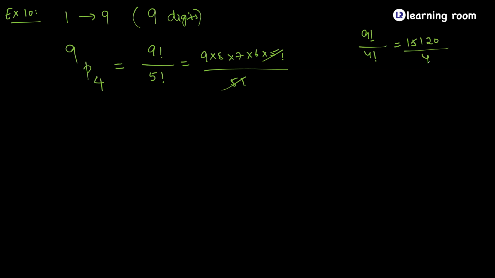So divided with 4, no, it should be divided by 5, because in the 5 factorial, 5 is extra. So if you divide it with 5, how much will you get? 3024.